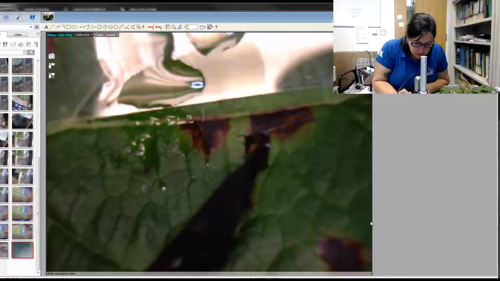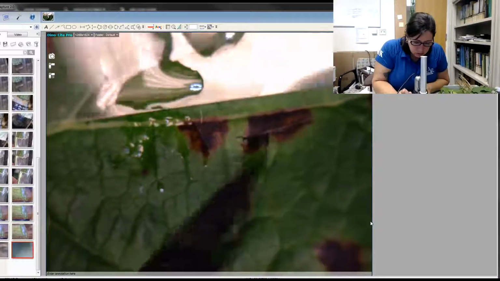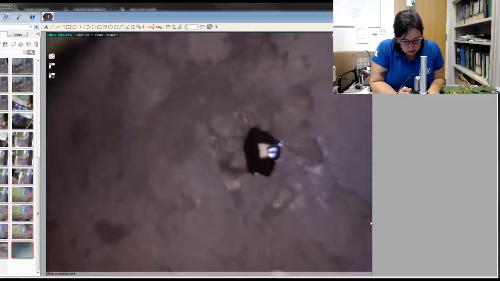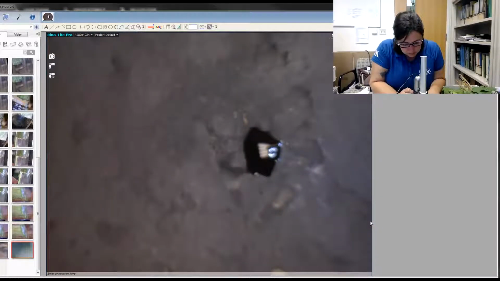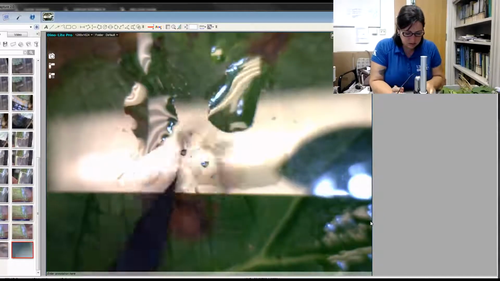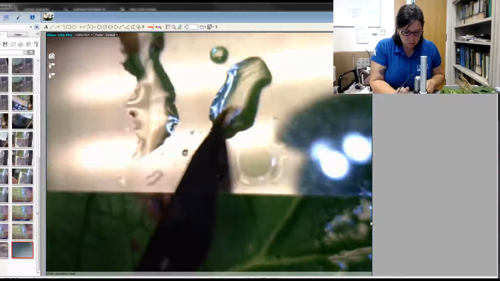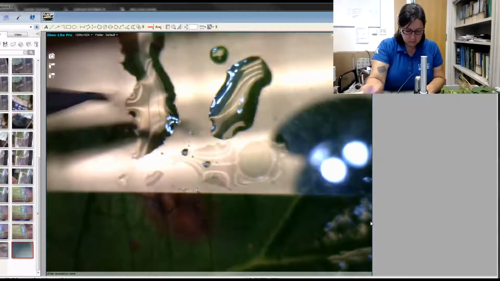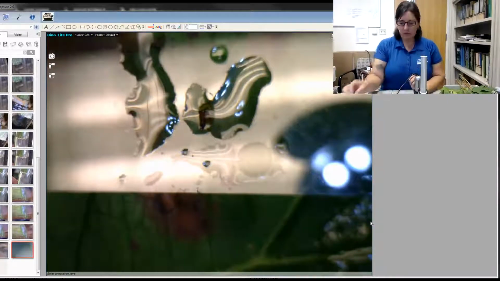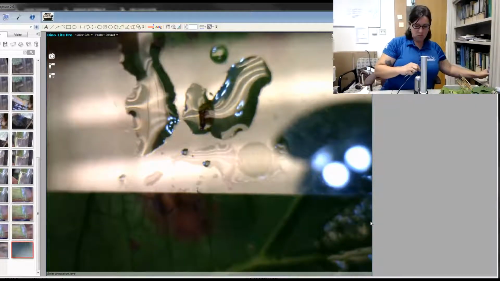A pair of tweezers would be extremely helpful. Okay, I've got butterfingers today. And so this sample would come right down there, okay? So I'm going to add a little bit more water there.